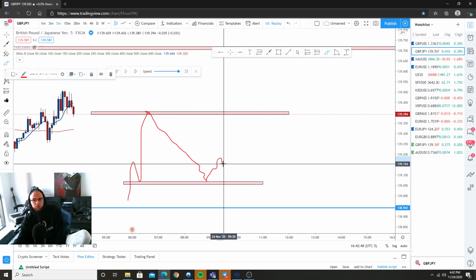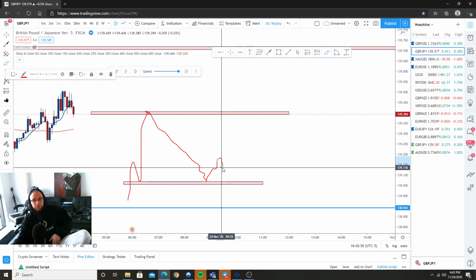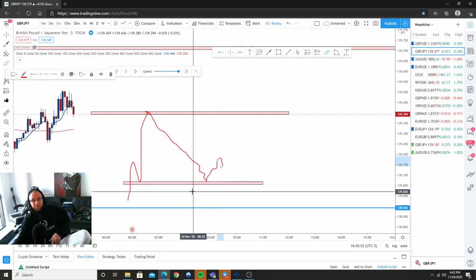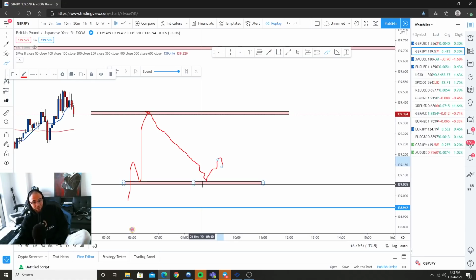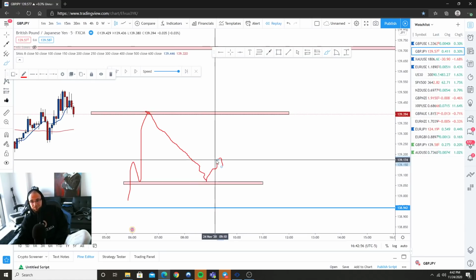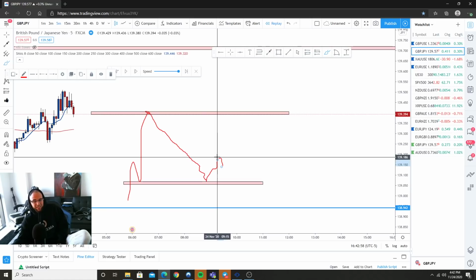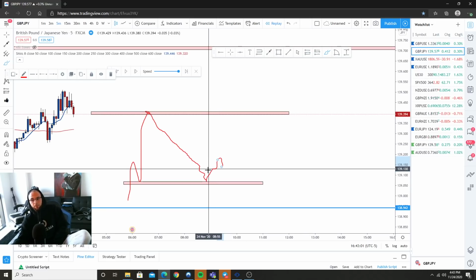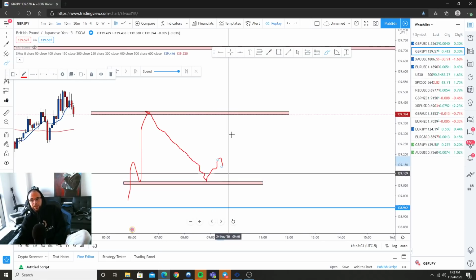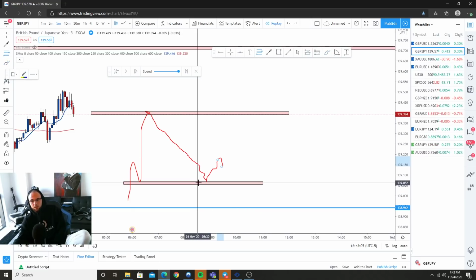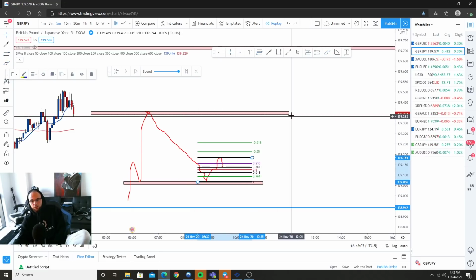So in this situation, what I like to do is run my fib based off the rejection of this support to wherever the last candle high was. I'll put it from the wick here to the wick here, correct? Just like that.